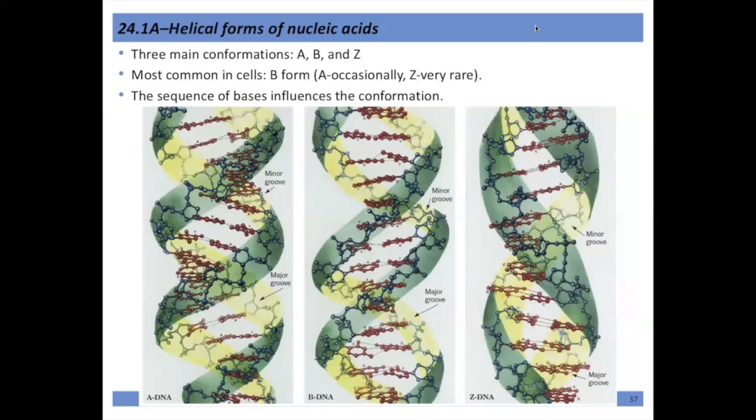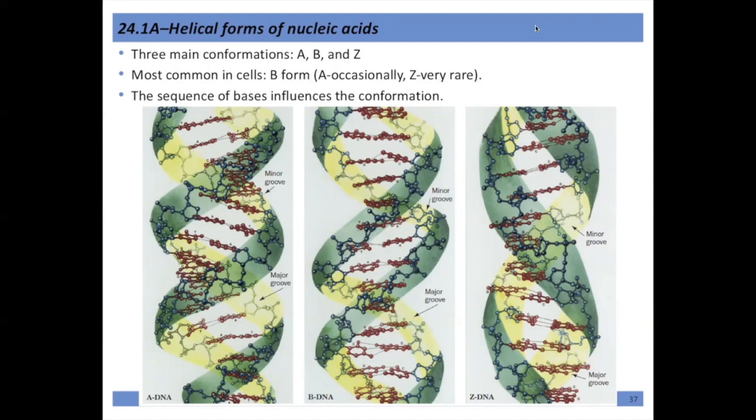And a lot of times it's the sequence of the bases that actually determines that. But if we look at A DNA, it seems like it's a little bit more squatty. The major and the minor grooves are about the same-ish width. But notice how the bases are actually tilted quite a bit. So B DNA, you've got a very distinct major groove.